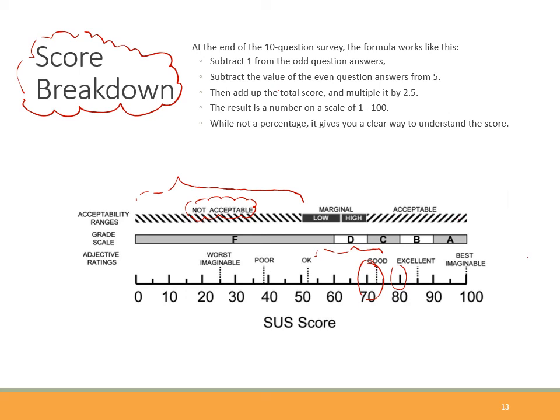While if our system is between 50 and 70, we are in the marginal range, and there are two marginal ranges, low marginal or high marginal. And the last part here is from 70 up to 100. We are in the acceptable range.